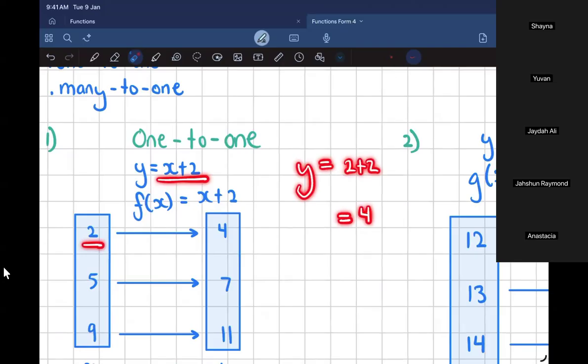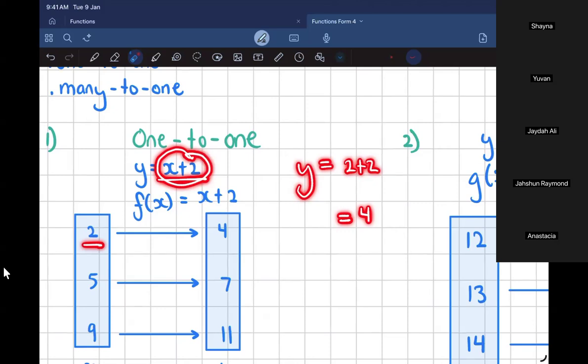So if I put in 2 into this function, what's the only answer I'll get? 4, sir. Could I get any other answer? No, sir. So for something to be a function, the x value needs to be mapped onto only one specific y value.